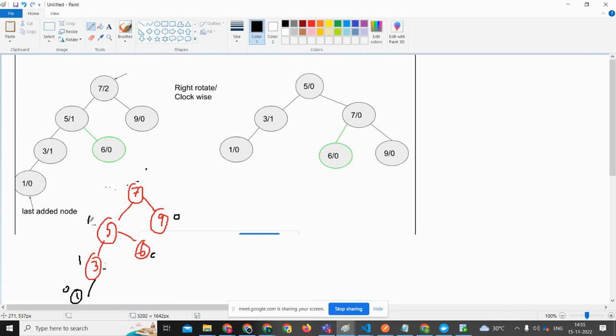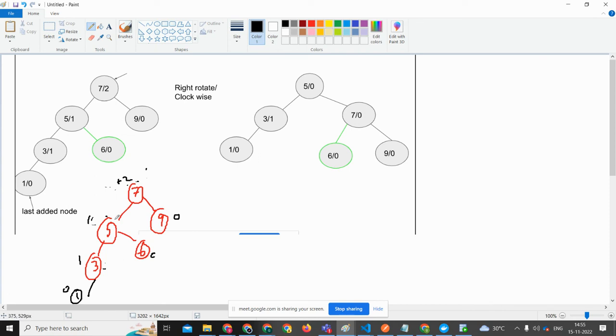For seven, it's three minus one, plus two. Okay, so now you have the parent positive, and on the left hand side you also have positive, right? So if this is the case, it's very simple. Just do a right rotation.